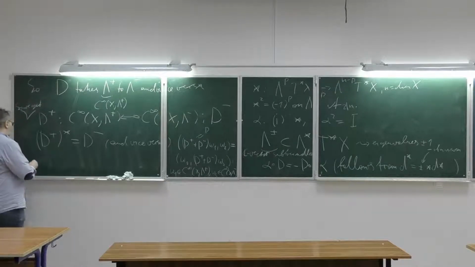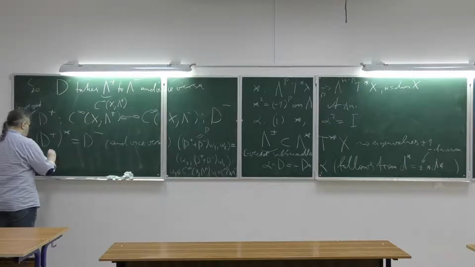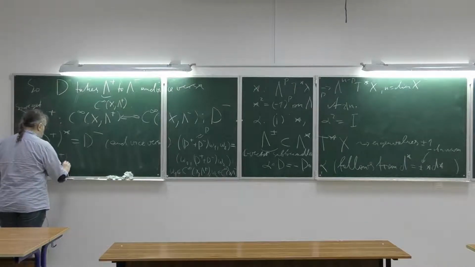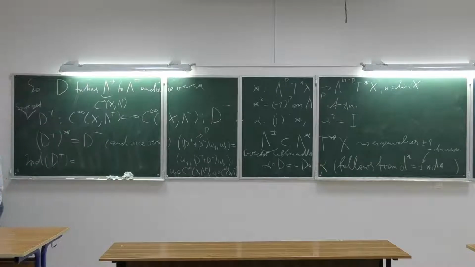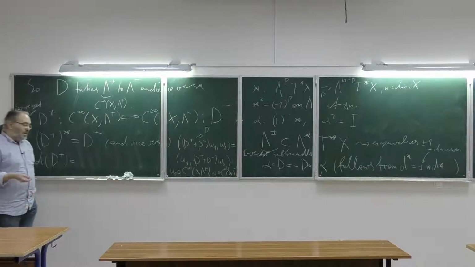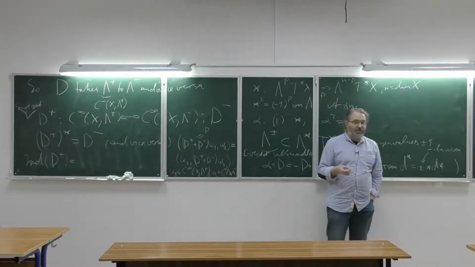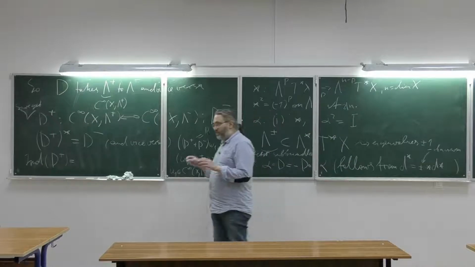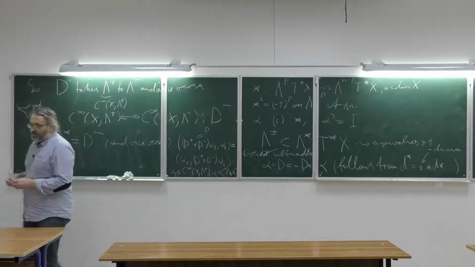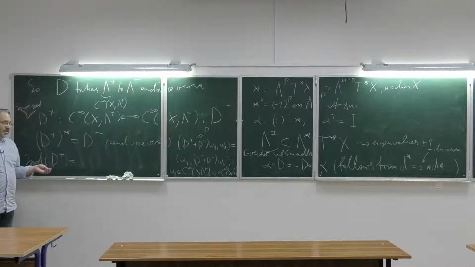Okay, now the index of d plus is minus the index of d minus, and this is again something which we saw for elliptic operators, or more generally for operators between Hilbert spaces, such that the image is closed and complementable.